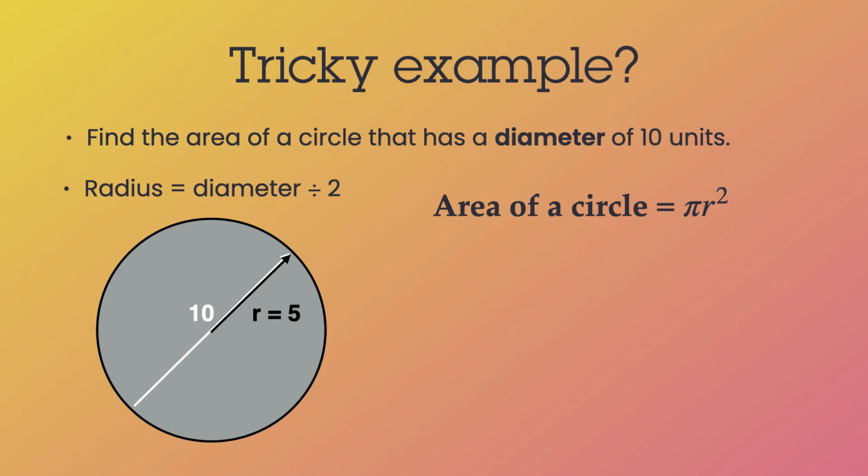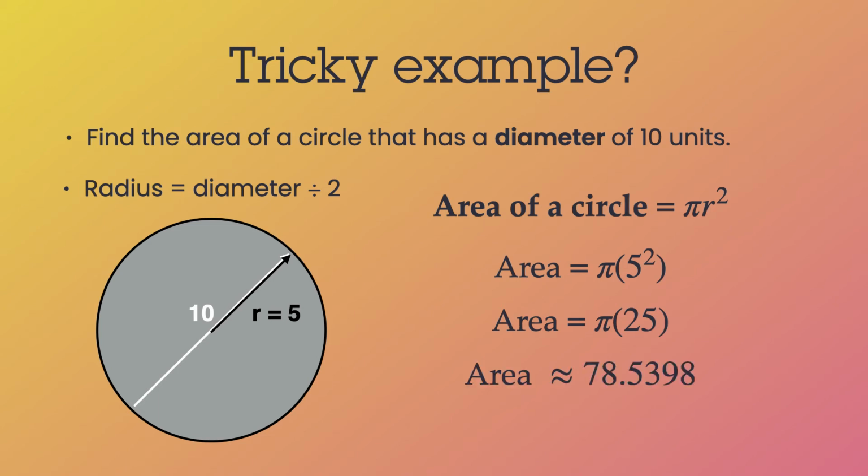Now we can go ahead and use the formula just like we did in the first example. We plug in 5 for r, so our area will be 5 squared times pi. 5 squared is 25. We use our calculator here to see what pi times 25 is. Gets us approximately 78.5398, which we will round to 78.5 square units.